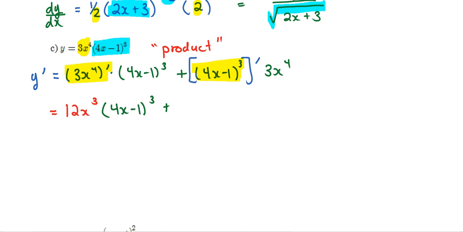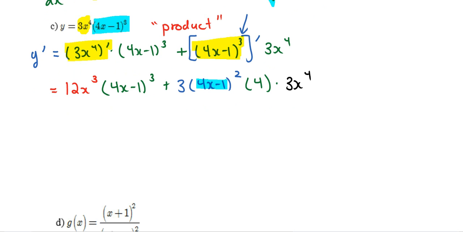You'll notice that this is a combination of the power rule and the chain rule. So first things first, I see a 3 here, so let's bring the 3 down in front, (4x - 1) to the power of 2 times the derivative of the inside, which is simply going to be 4, times the 3x^4.